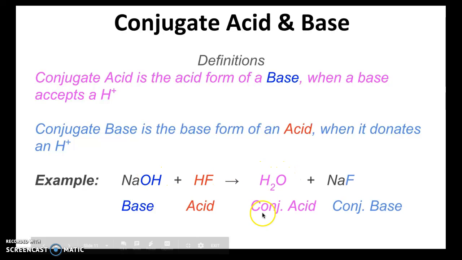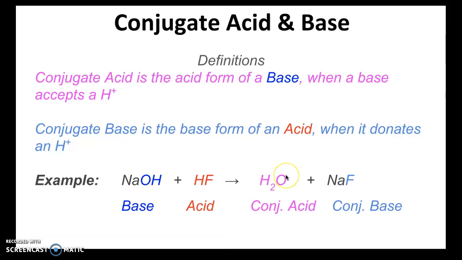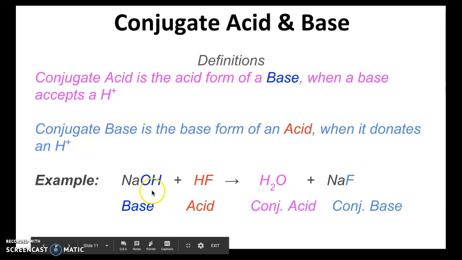So water is the conjugate acid of this base because when OH minus gets a proton, it forms water. The reason that's important is that water, if it's acting as an acid, is going to donate a proton, and that's going to form the OH minus, the hydroxide. That's what makes them a conjugate acid base pair. You can go from one to the other by adding or removing a proton.